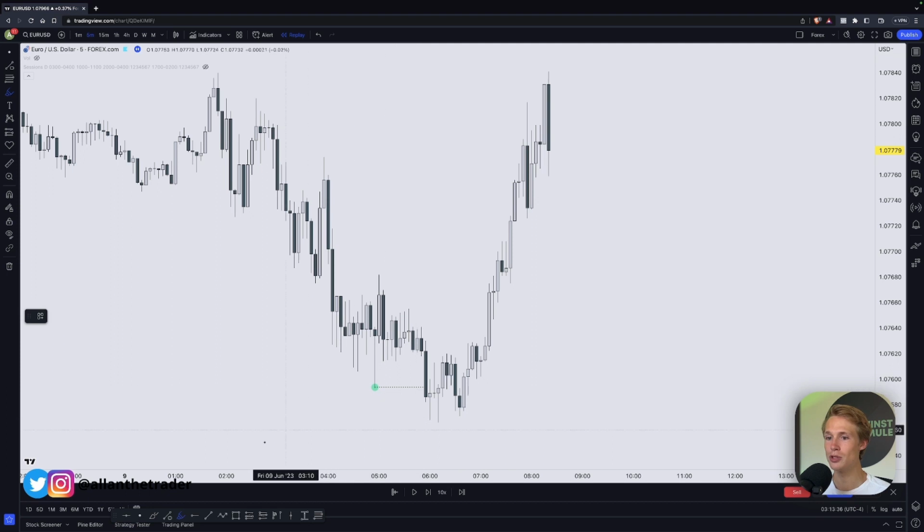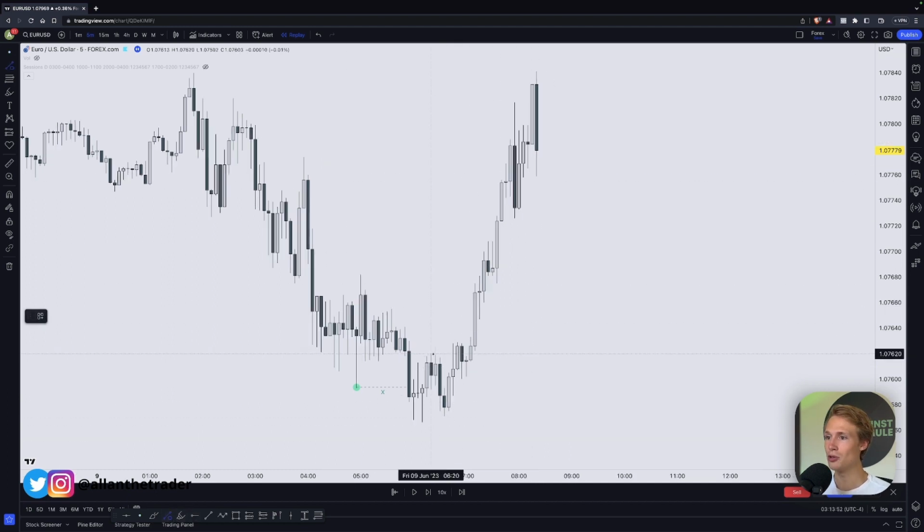So step 2 is waiting for the liquidity to be taken out, and you can see that price went through your liquidity. So price went through the liquidity, took out all of those stop losses, and then moved upwards. Therefore, it also created a break of structure. If we take this high here, so you look at the local high, this local high was broken by this candle. So it created a break of structure as well here.